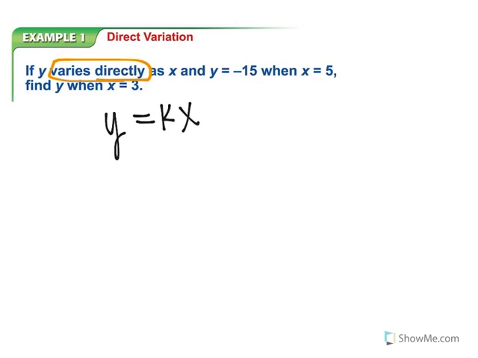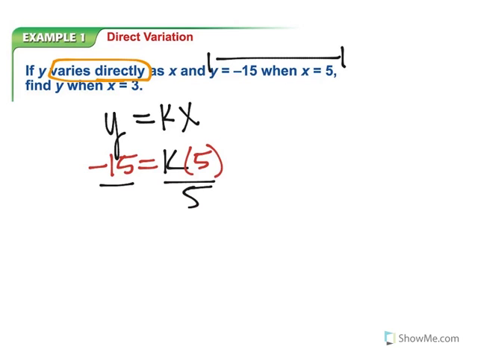So what we actually need to do is plug in what we know first. We have y and then we have x. We're going to plug in negative 15 for y. We don't know what k is, but we do know that x is 5. So we want to solve for k by dividing by 5 on both sides. And we get k is equal to negative 3.